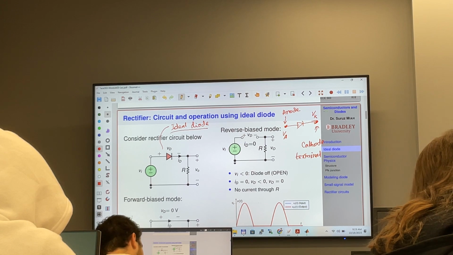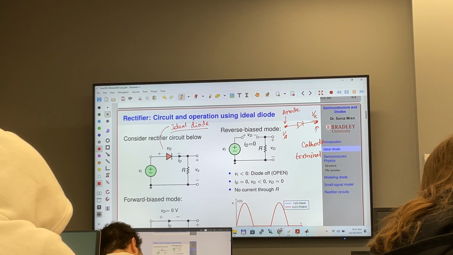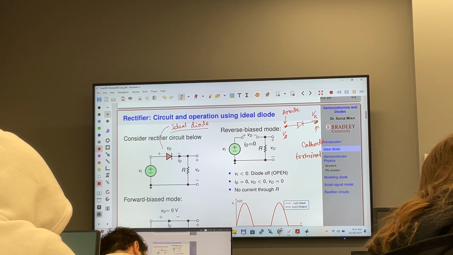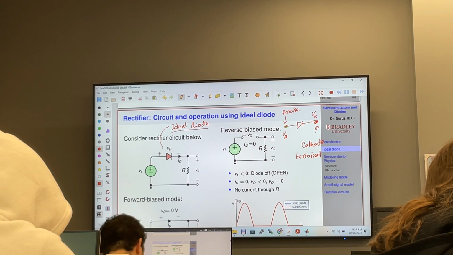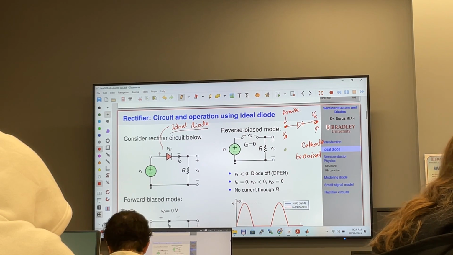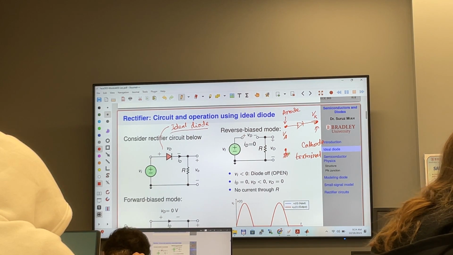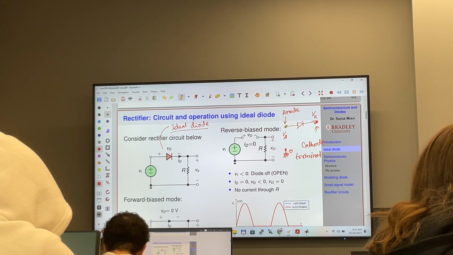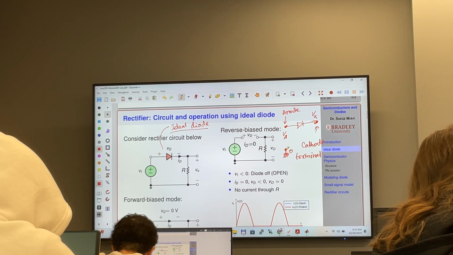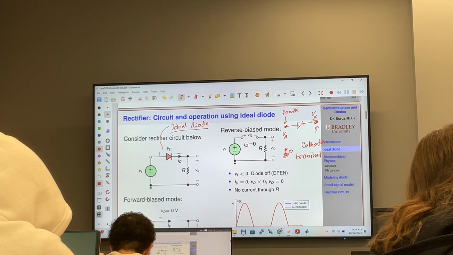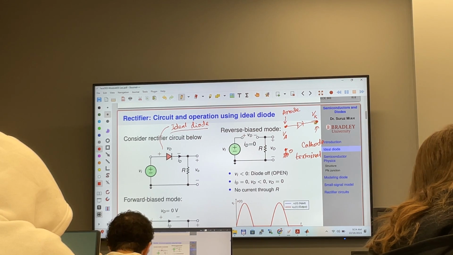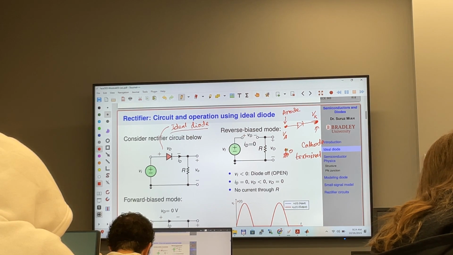So that's why I use V sub K to denote the voltage of the cathode terminal. V sub A is the voltage of the anode terminal. Again, when I say V sub A, it means that you have a common ground whose voltage is 0. So it is the voltage of this point with respect to ground. And V sub K means the voltage of this point with respect to 0.